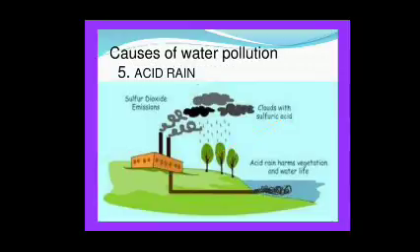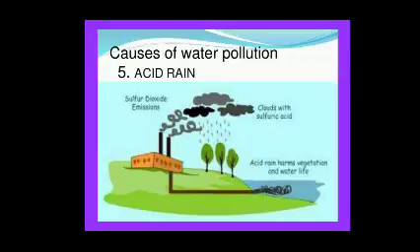Acid rain. This acid rain also causes water pollution. Acid rain also affects water bodies. What is acid rain? Rainwater with a pH value less than 5.6 is called acid rain.